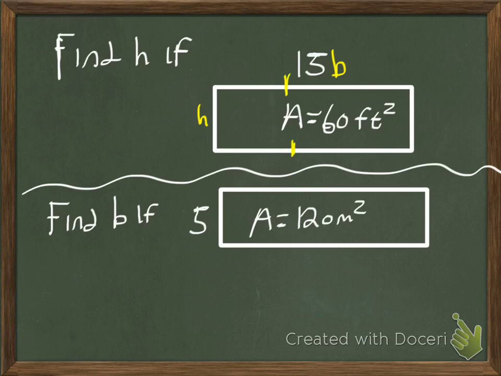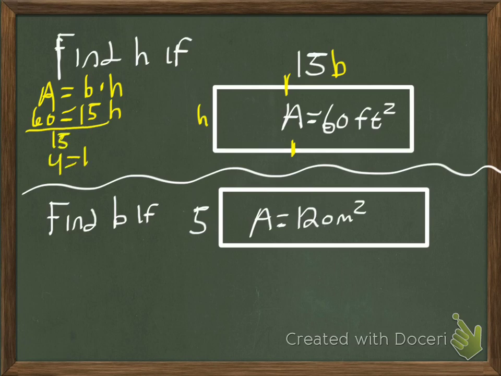So if I would like to find h, the height, starting with my formula, area equals base times height. Well, the area is 60, the base is 15, the height is h. Divide by 15 on each side, and 4 feet equals h.